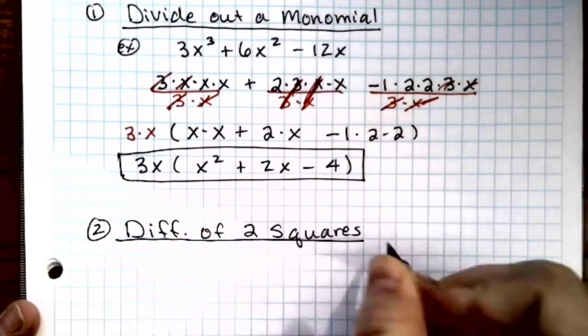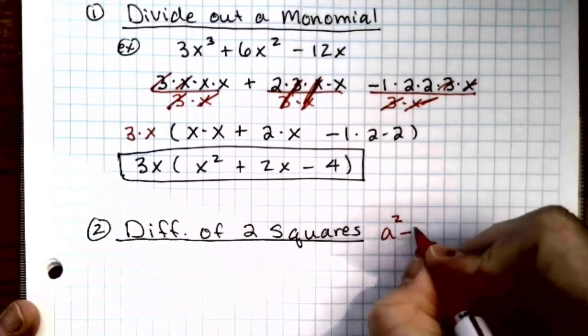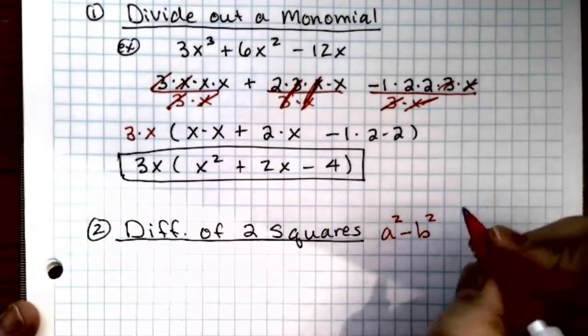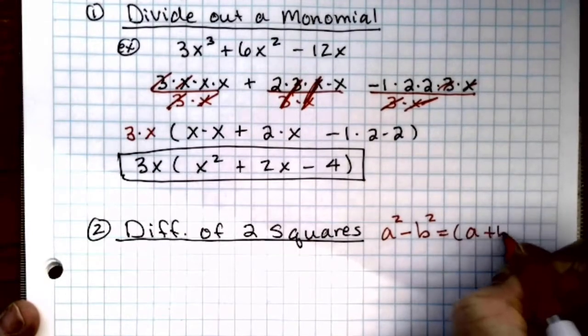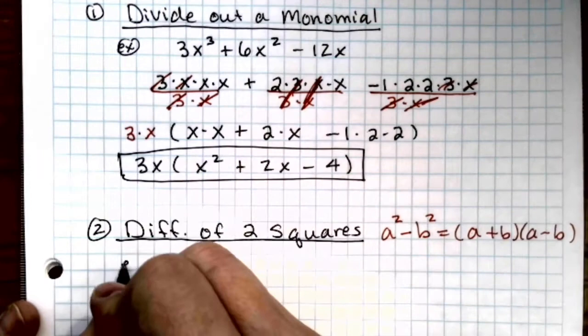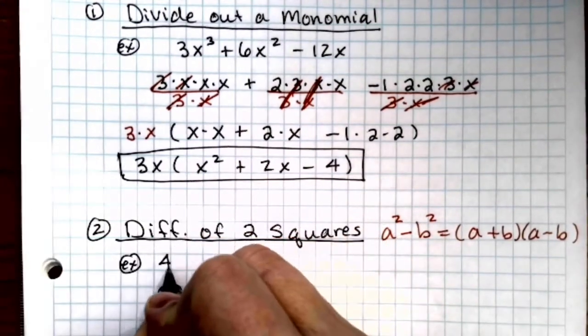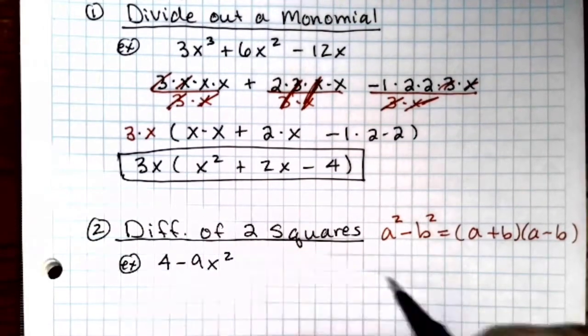And this has a formula that goes with it. If you have a perfect square, a squared, minus a perfect square, b squared, it factors into a plus b, a minus b. So an example of this would be 4 minus 9x squared.